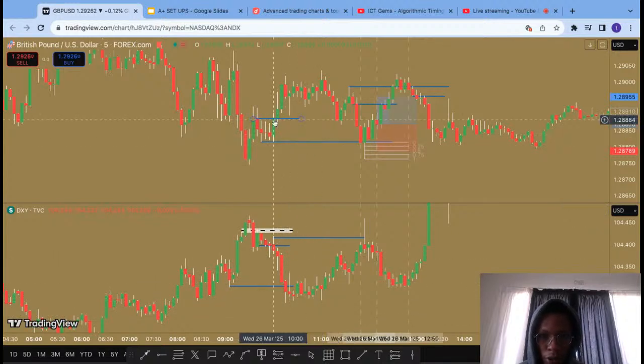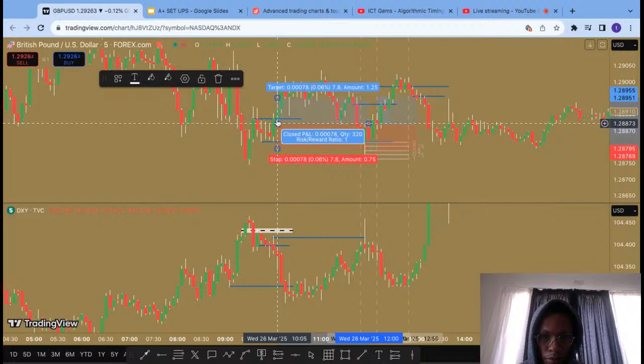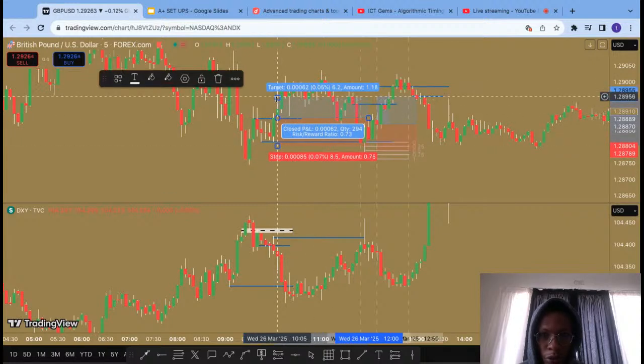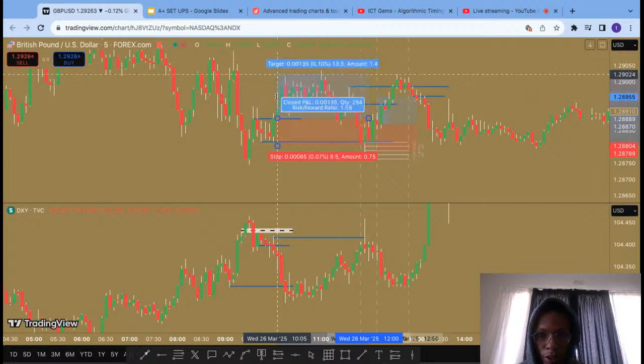Like for example, if you went long here, sorry, long at the close, with a very, very tight, extreme tight stop loss. You do get to 1.5R, right?